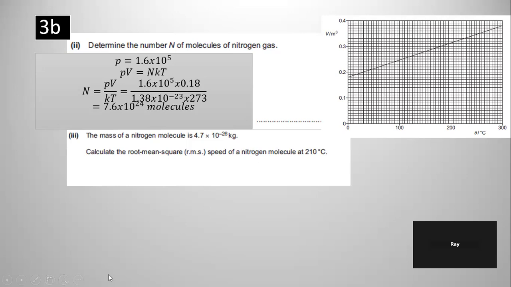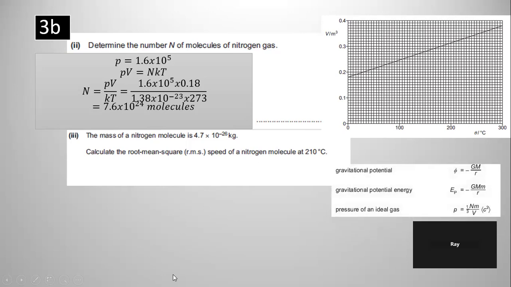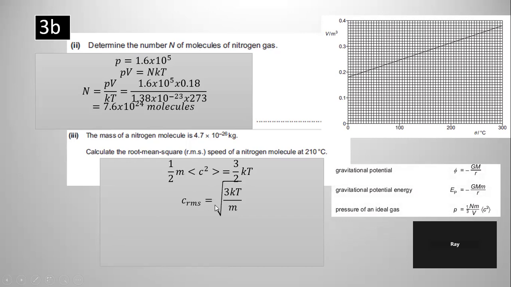Calculate the root mean square speed of a nitrogen molecule at 210 degrees Celsius. Refer to the formula sheet if you are lost. See what is given. You are required to use this formula: half m v squared equals 3 over 2 kT. Cross multiply, take m down, and then square root, so this is c root mean square.